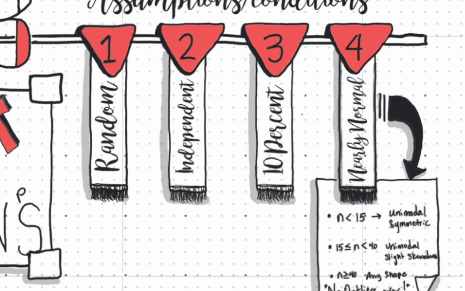It can handle even really small sample sizes as long as certain things are true, and that's what this is. If you have a very small sample size, we have to justify that it's unimodal and symmetric, at least for the most part. With really small samples, that's kind of difficult to do. What we want to look at is just to make sure that it's not all skewed on one side.